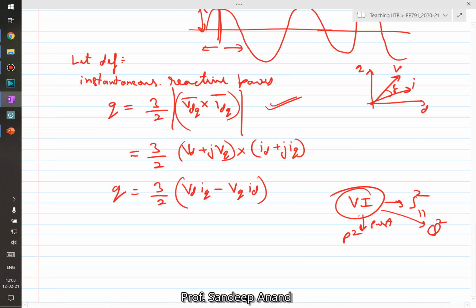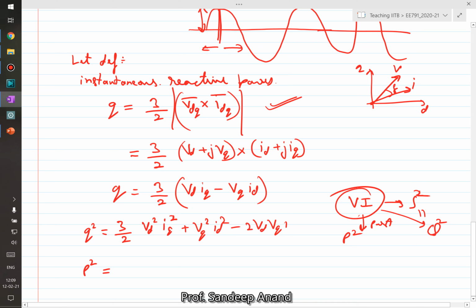So what we'll do here is find q squared, and then we'll also find p squared, and then we'll see what p squared plus q squared gives us. So let's do that. If I do q squared, then I get 3 by 2 times (vd squared iq squared plus vq squared id squared minus 2 vd vq id iq).